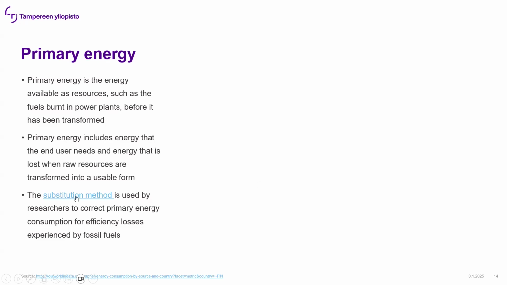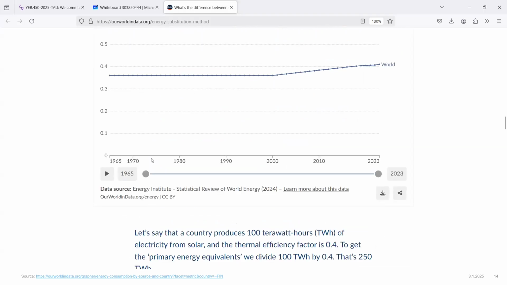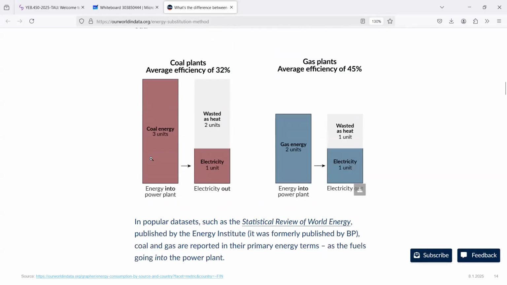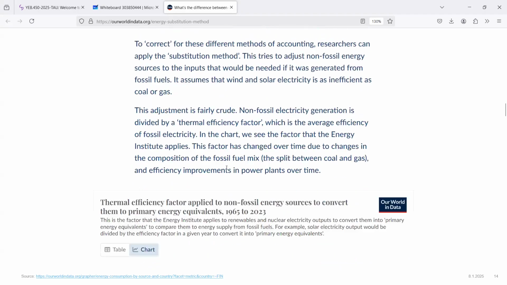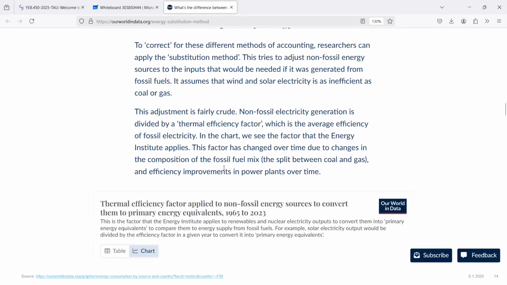And the substitution method, I wanted to take that in here for your knowledge. So you have a link in here so you can see what the substitution method means. So in here, for example, you can say if you use 3 units of coal, you get 1 unit of electricity.